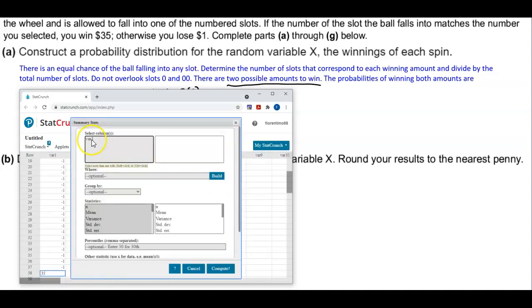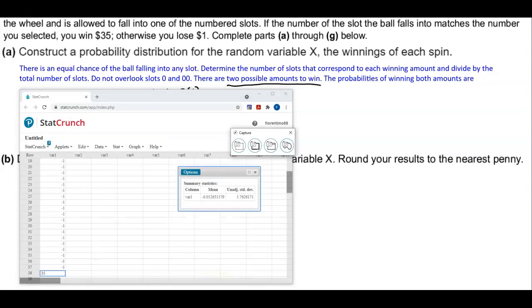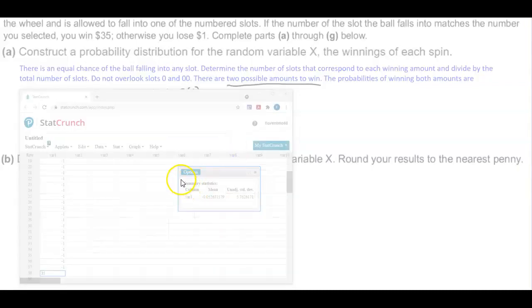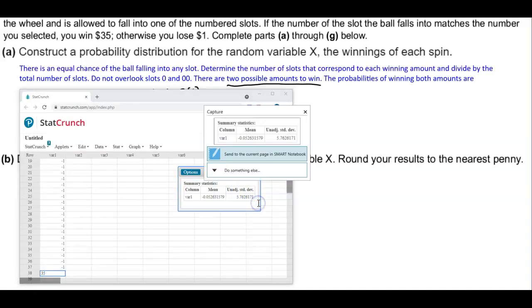We want to select the variable 1 column. We want to find the mean. Now, in this scenario, we don't want the standard deviation. We want the unadjusted standard deviation. So we want to hit the control button and hit the unadjusted standard deviation. And then we're going to select compute. So let's go ahead and do that. We're going to write down what our mean is and our standard deviation.